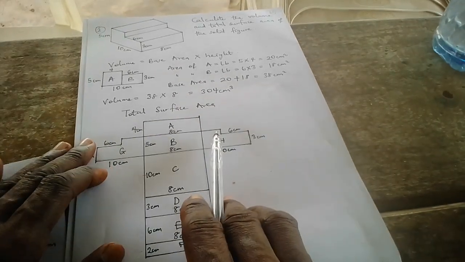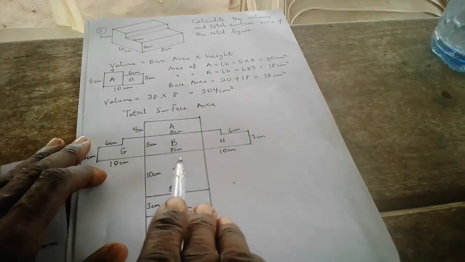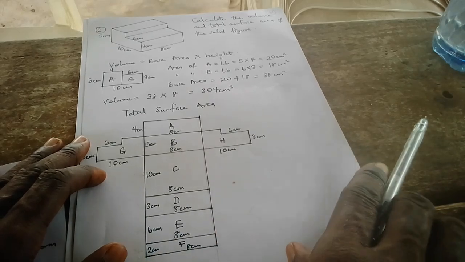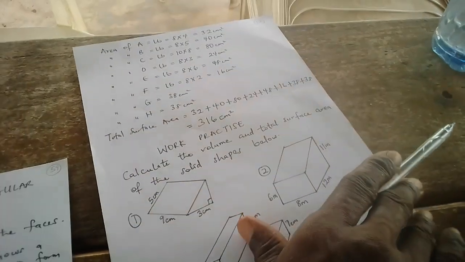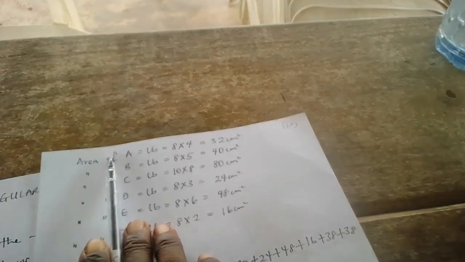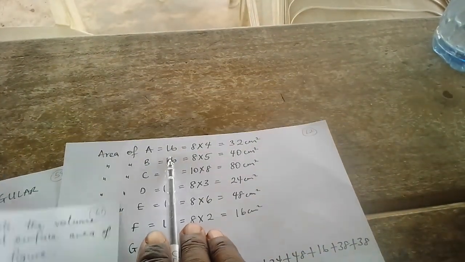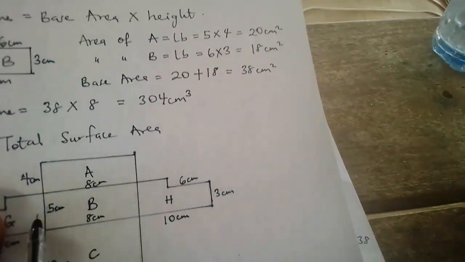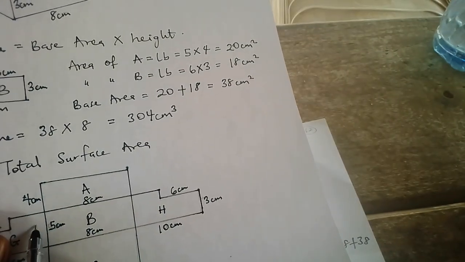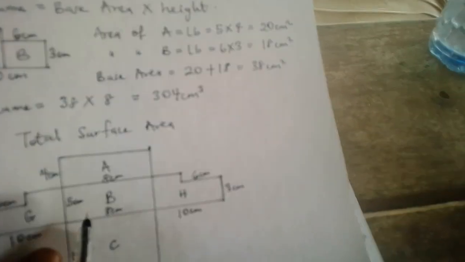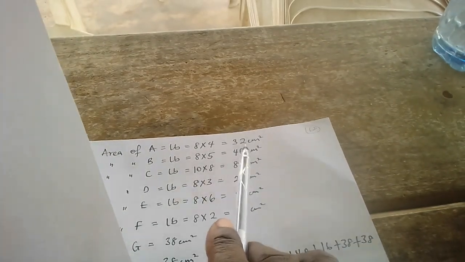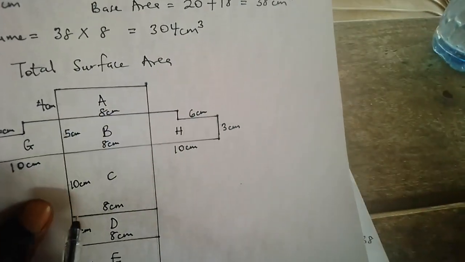So when you dismantle the shape, you will now look for the area of each of it. So area of A is what? The length times the breadth. So our A is 4. We know that this place is 8 times 4. Area of B is 8 times 5, which is 40 centimeters squared. Area of C is 10 times 8.